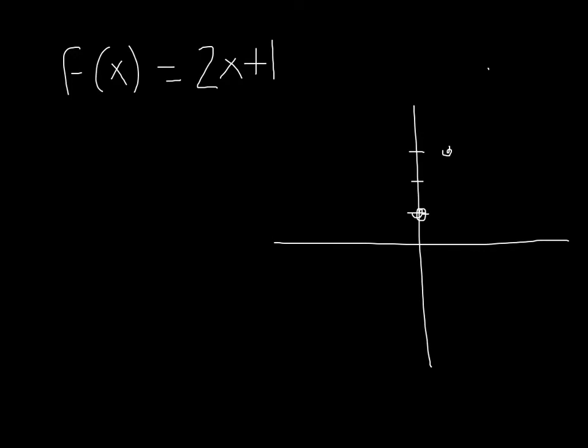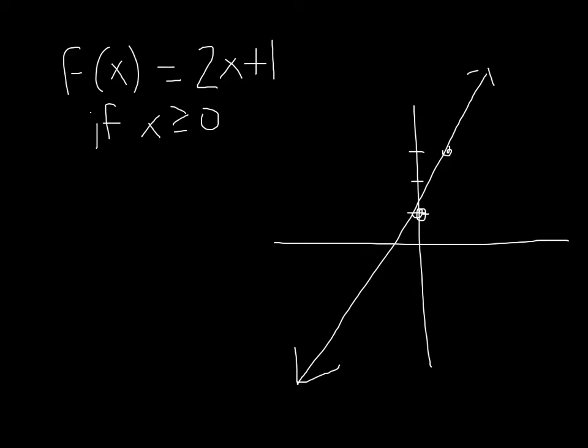So we can graph this line right here. Okay, but now we go back and we consider the domain restriction, and they told us that we're only going to keep the part where x is greater than or equal to 0.